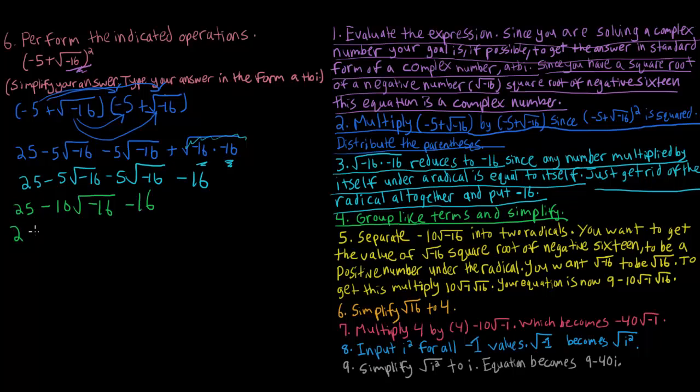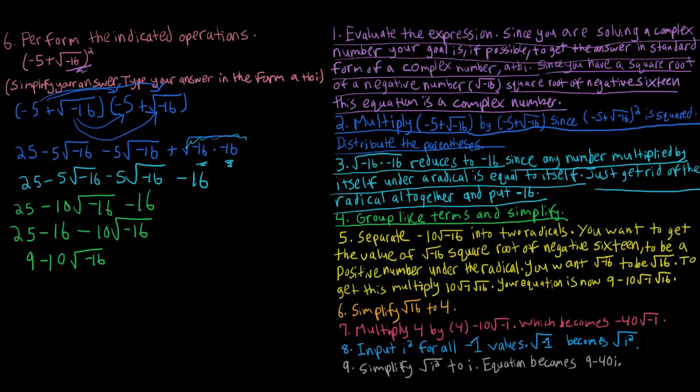And then if we group the like terms, 25 minus 16 minus 10 square root negative 16. 25 minus 16 gives us 9 minus 10 square root negative 16.